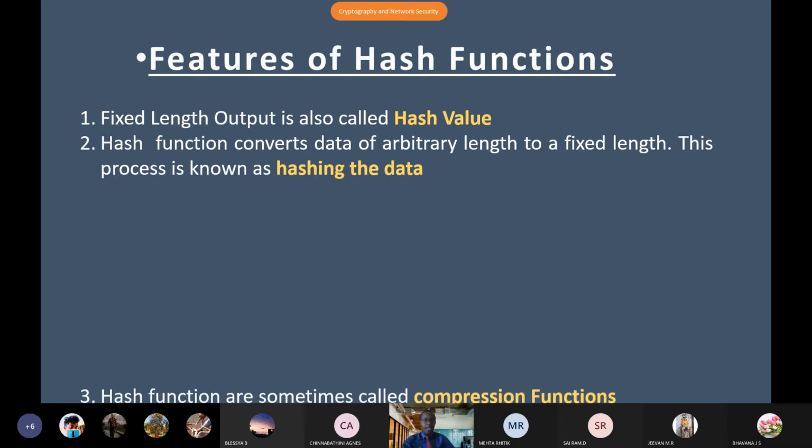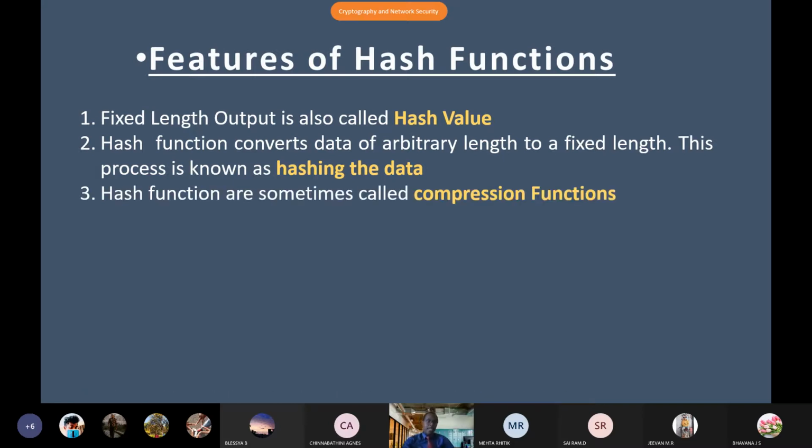Another feature, the characteristics, is how it is characterized. This hashing function is sometimes called a compression function. Why? Because this method takes any size, either big or small, and gives us the exact compressed output.